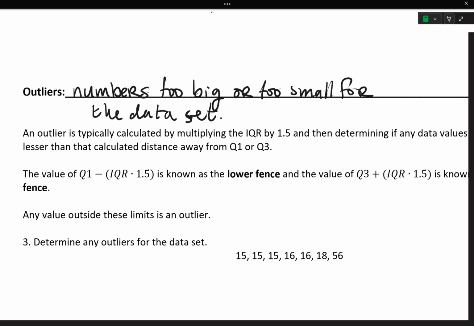So we have a lower fence and a higher fence, and here are the formulas for them. For the lower fence, we would plug in the first quartile and subtract IQR times 1.5, and if we have any number below that value, that's an outlier. Same goes for the upper fence. If we have anything larger than that, it's an outlier.